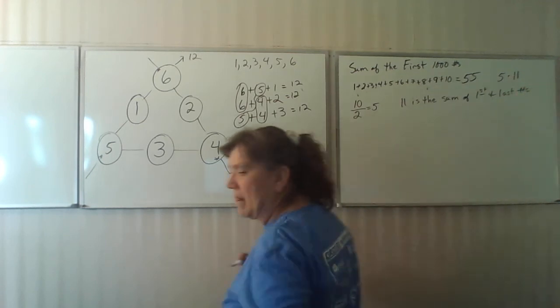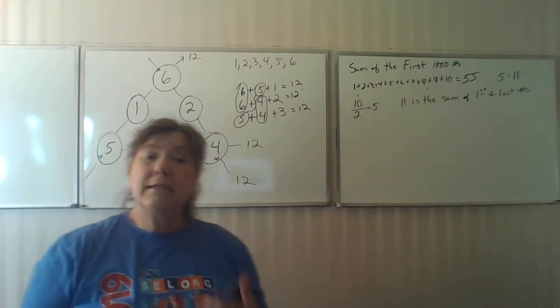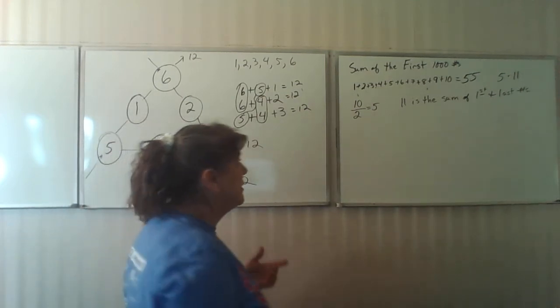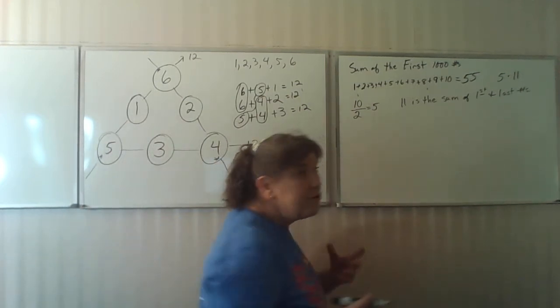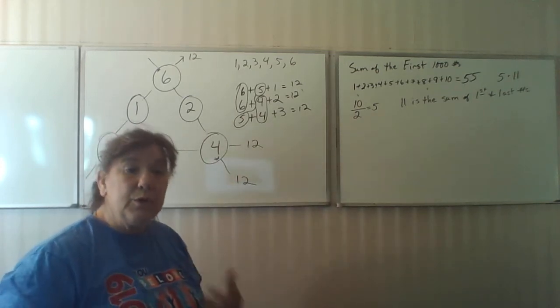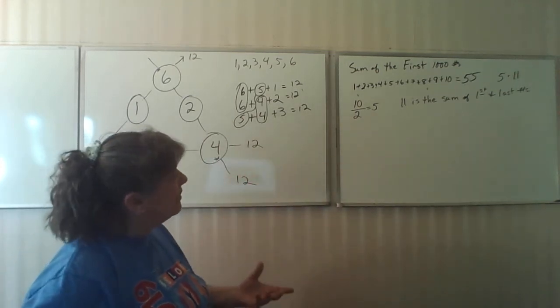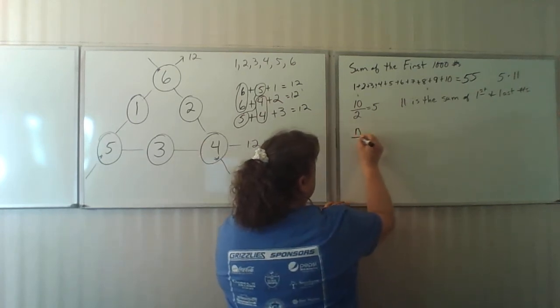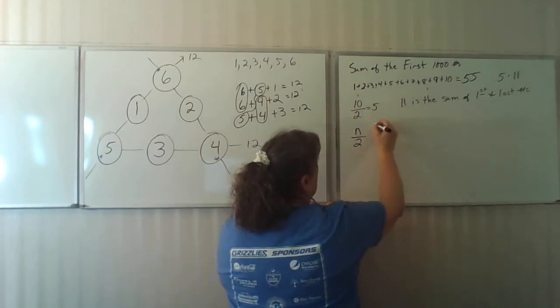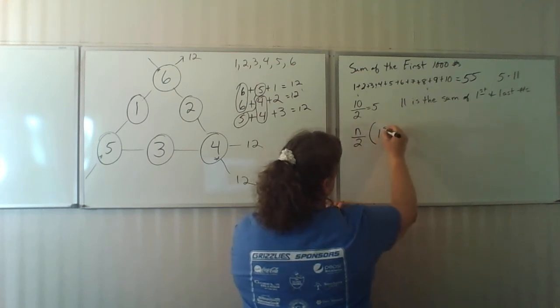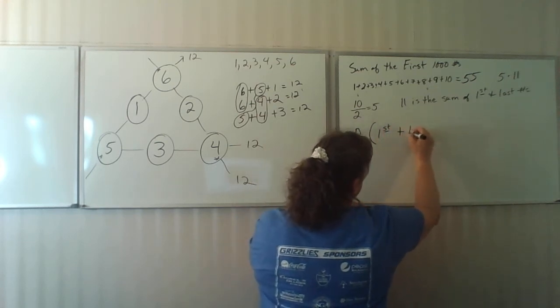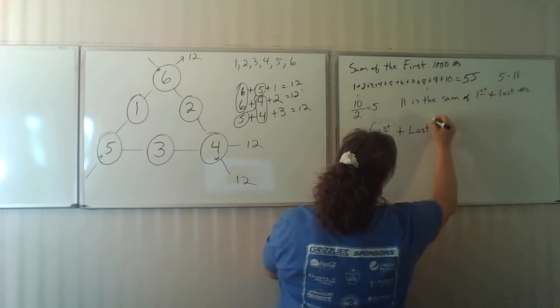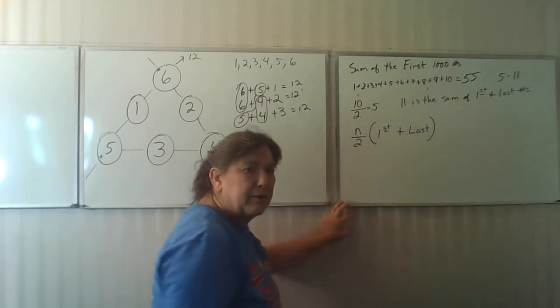Okay? 10 is the number of numbers I used. So it appears like we can use this pattern that we have here, and if we take the number of numbers divided by 2, multiply that times the first number plus the last number, we will get the answer.